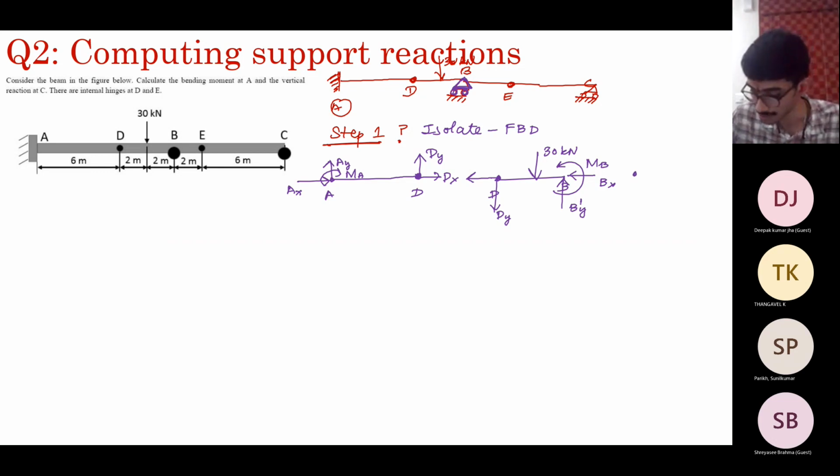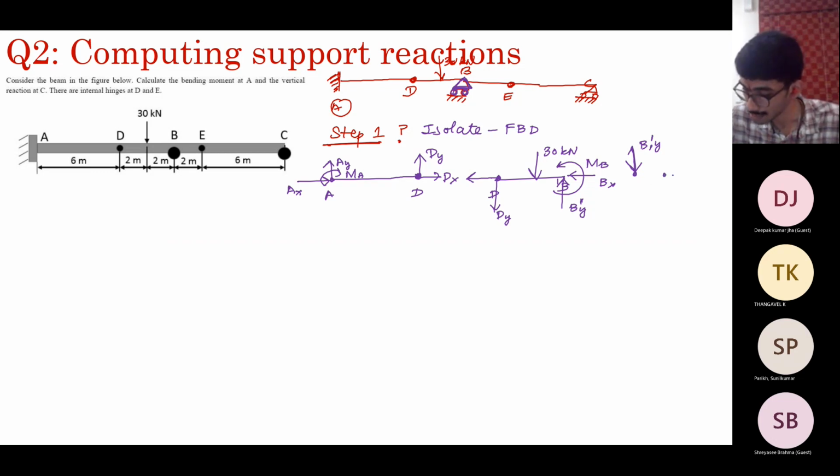So if you take this joint alone, you'll have B1Y acting from this span of the beam. This will act opposite to it. And from the right part, you will have some B2Y. This is B1Y.